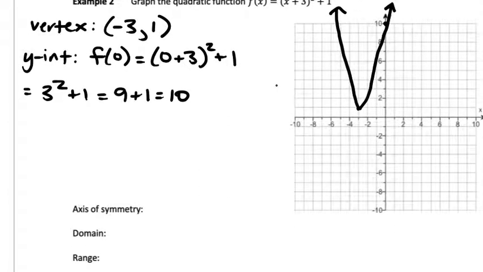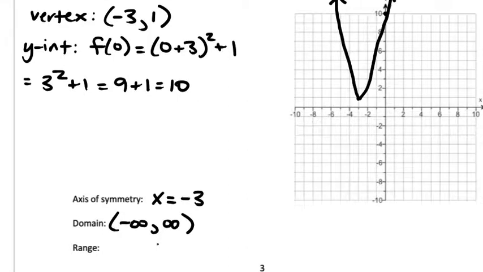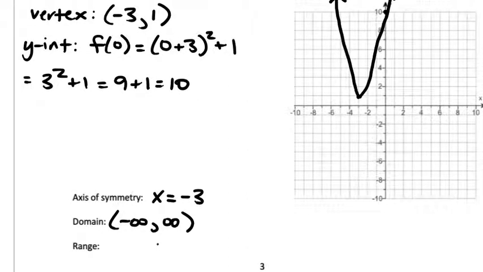So lastly, I'm going to fill in here my axis of symmetry, domain, and range. So axis of symmetry is x equals the x-coordinate of the vertex, which is -3. My domain is always -infinity to infinity for these parabolas. And lastly, the range. Now for this parabola, our y-coordinates are everything from 1 up to infinity.